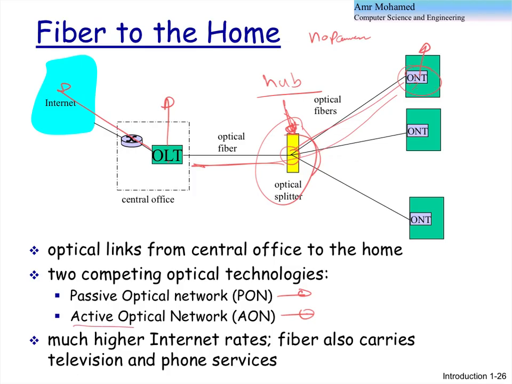Or active optical network. Active, no. In an active optical network, this optical splitter works as a network switch. In that case, it first converts at least part of the optical signal to electrical, because it has to do some processing.